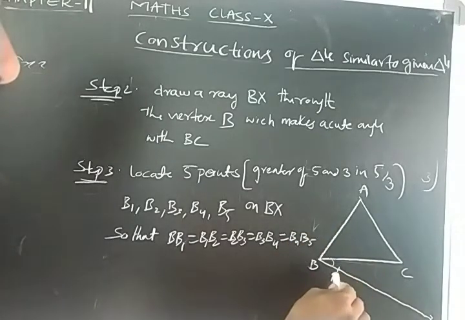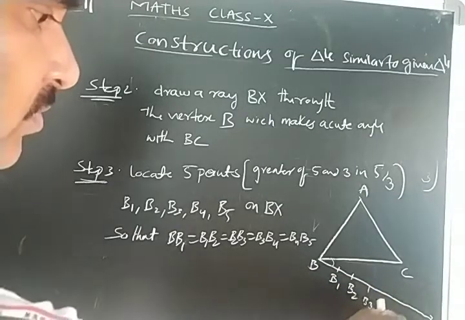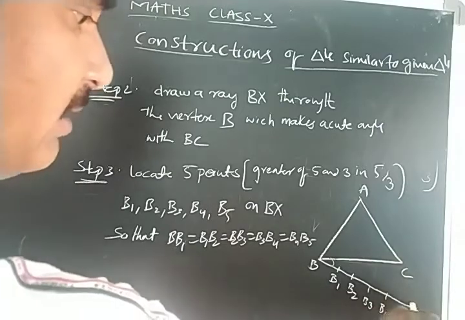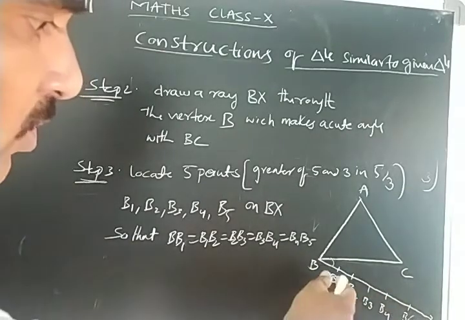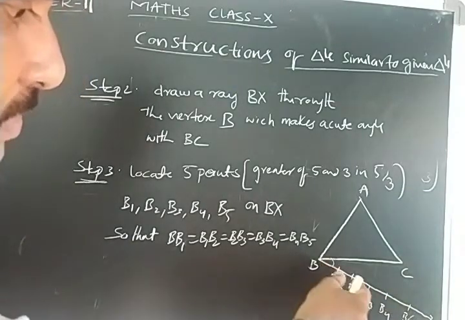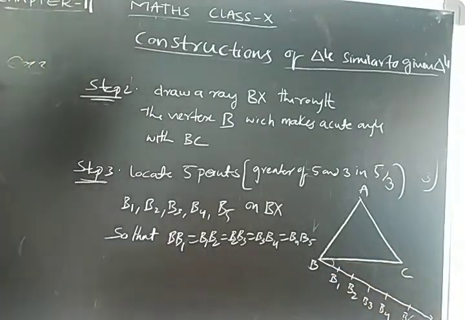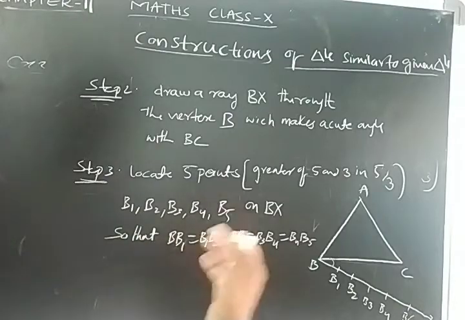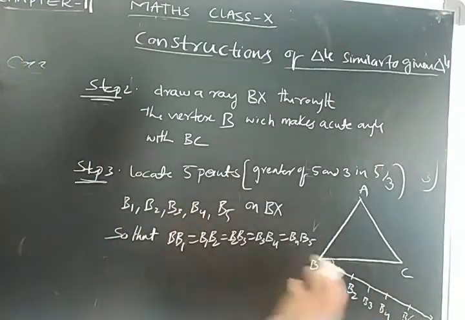So here I am taking B1, B2, B3, B4, and B5. I have taken 5 points on BX whose distances BB1, B1B2, B2B3, B3B4, B4B5 are equal. In such a way we have to take the 5 points on the ray BX. After locating the points on the ray BX, go to step 4.